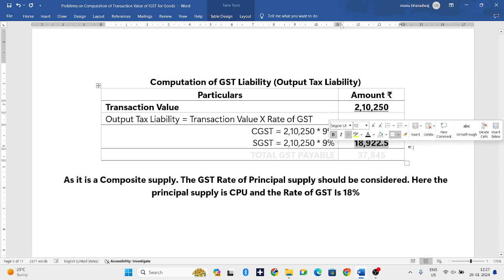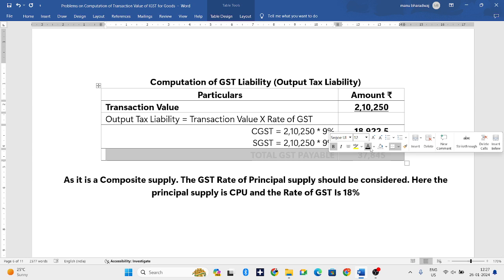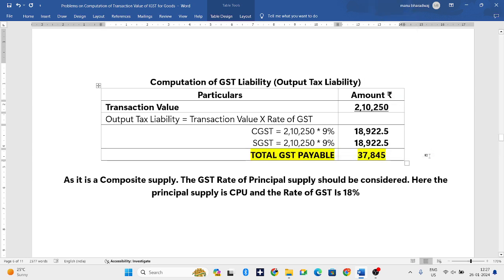When we calculate that, we get 18,922.5 each. The total GST payable, adding both, comes to 37,845 rupees. This is our total GST payable.